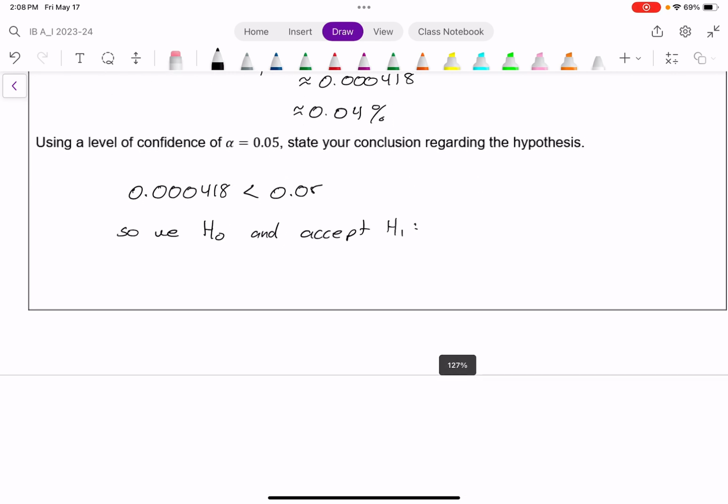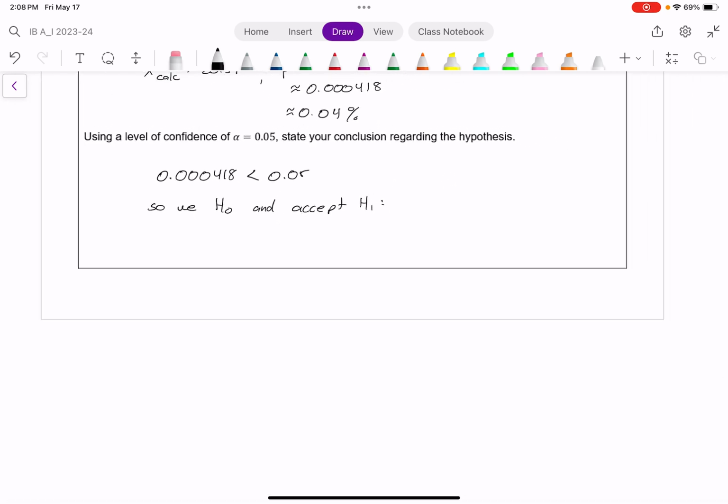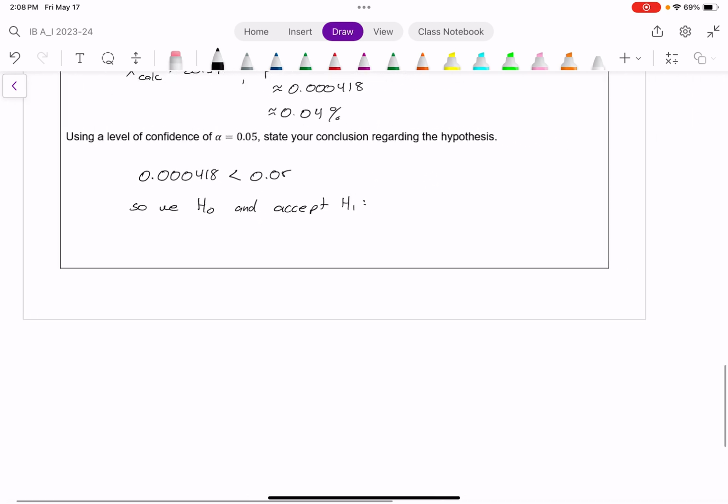Which really what we're saying is we are now saying statistically, we are accepting the notion that a student's decision in which group 3 or group 4 class is not independent.